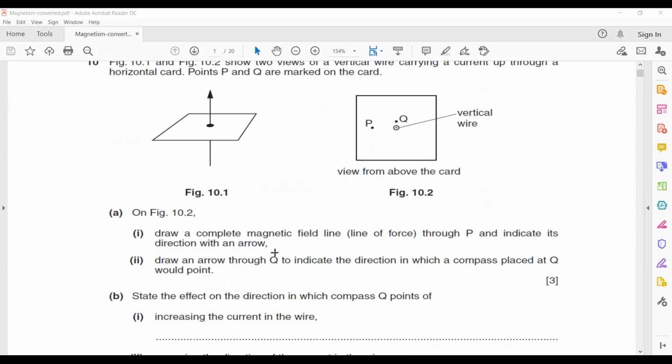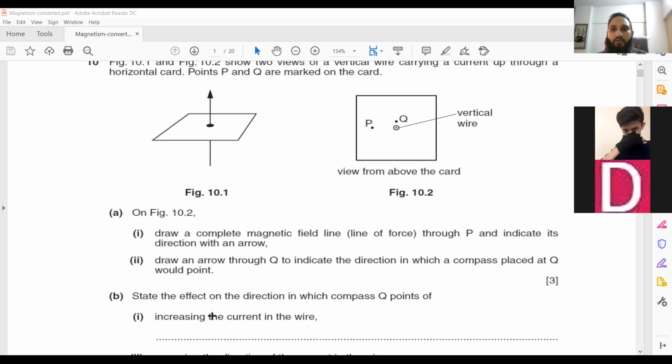On the figure, draw a complete magnetic field line through P and indicate the direction. So how can I work out the direction here? To work out the direction of a magnetic field, I should use the right hand grip rule. But I don't have to draw for 10.1, it's 10.2 that is asked. So what will be the direction of my thumb?